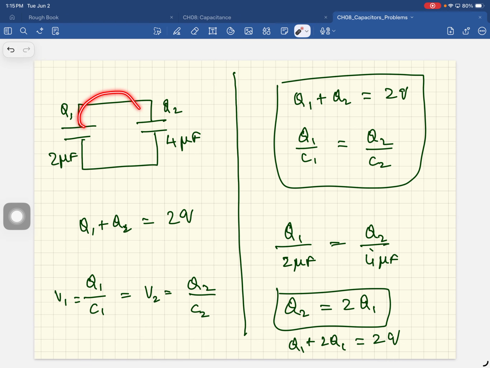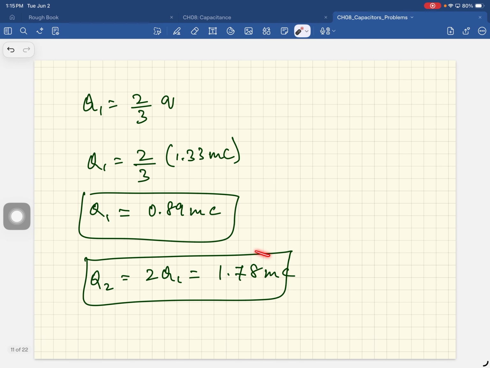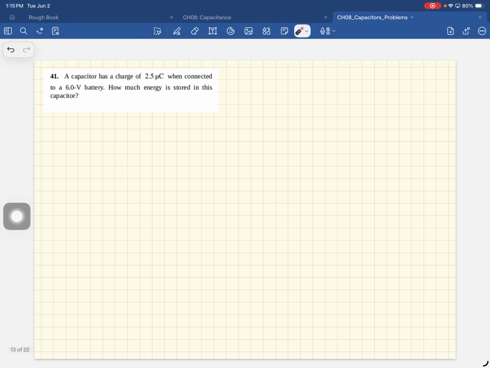Okay, so find the charge and energy stored if the capacitors are connected to the battery in series. Okay, so that's the charge on each one of them. And now if you want to calculate the energy stored, you can calculate using the equivalent capacitance. So the energy stored is 1/2 CV squared.